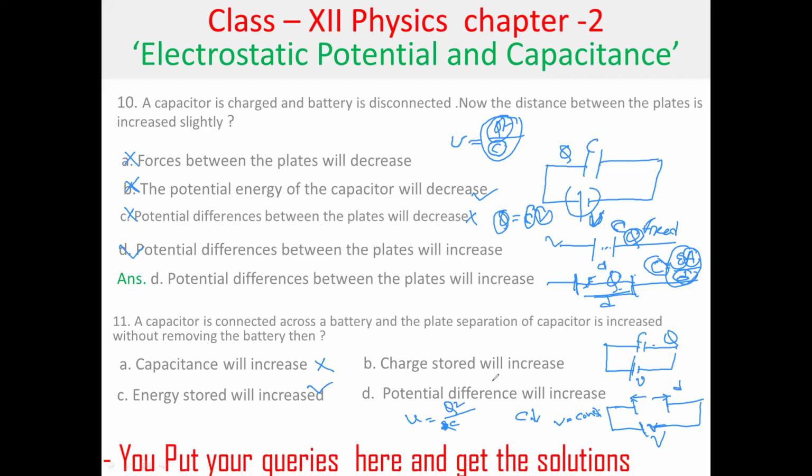Potential difference will increase? Potential difference will not increase, it will remain fixed. Charge stored will increase? Let's see. Q equal to CV. Here C is decreasing, V is constant, so if C decreases then Q will also decrease, but here it says charge will increase, so it is also not correct.